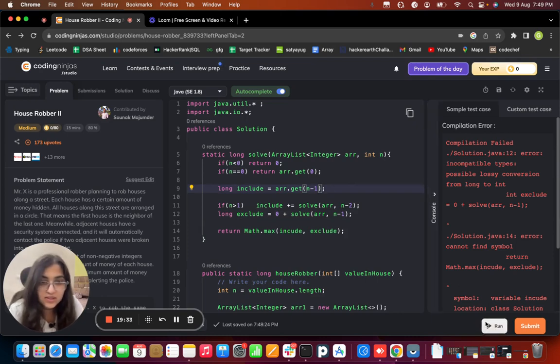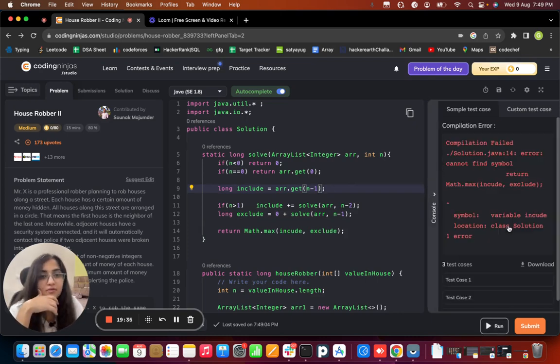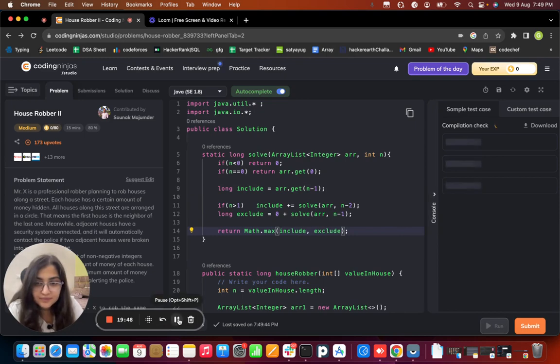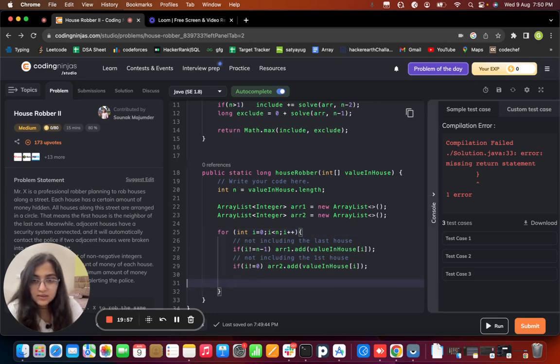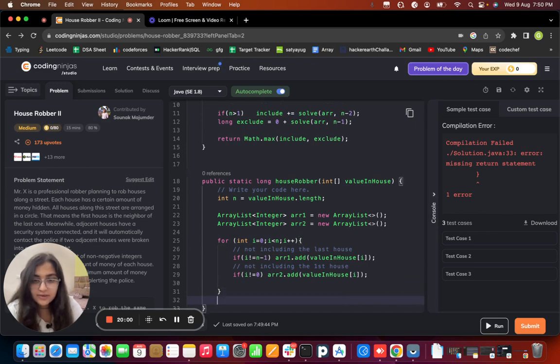Got it? Now let's try running this again. Cannot find symbol. The spelling is wrong: include. Okay, one more issue: this is under the scope of this for loop. Let's cut this and put it here.